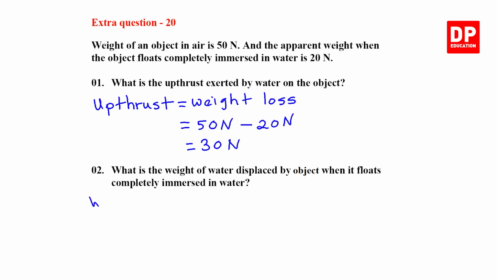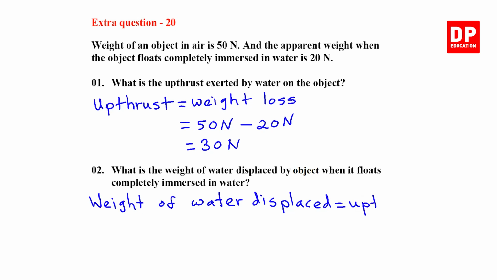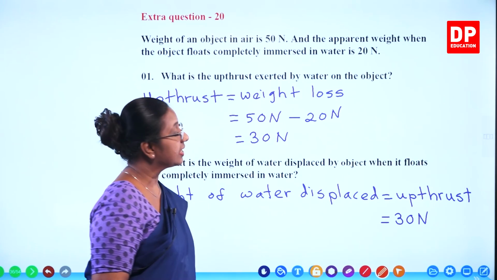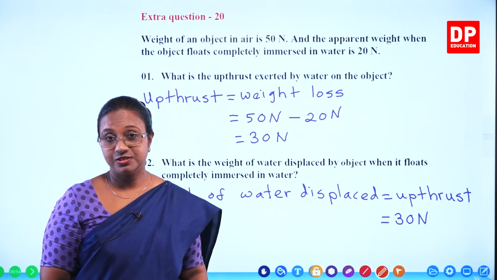So here weight of water displaced is equal to upthrust. So that is equal to 30 Newton. So those are the questions here, students.